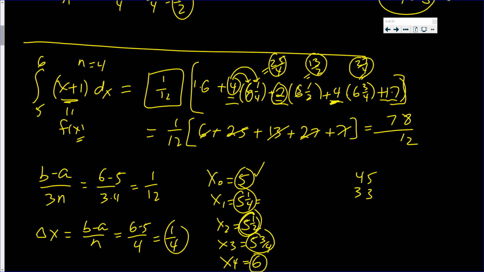Well, 2 goes into both of these, so it's 39 over 6, which is 6 1/2. It's 6 and 3/6, which is 6.5. So that is what the area is going to be approximately equal to.